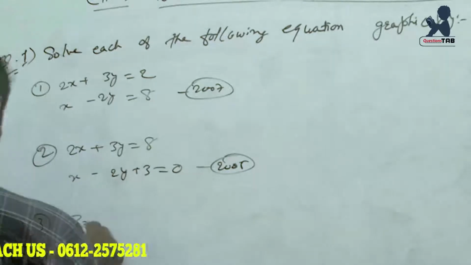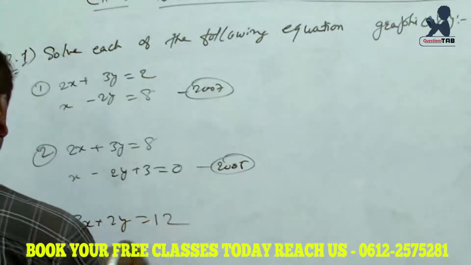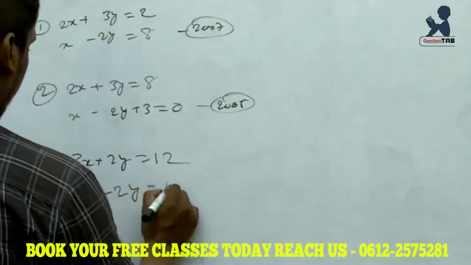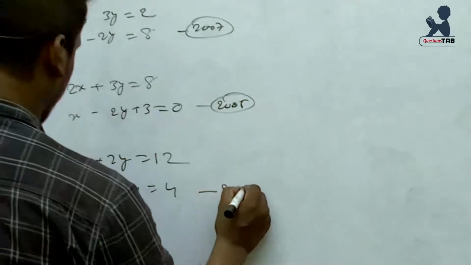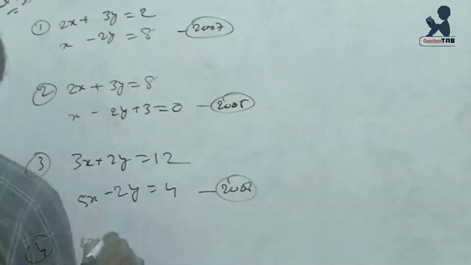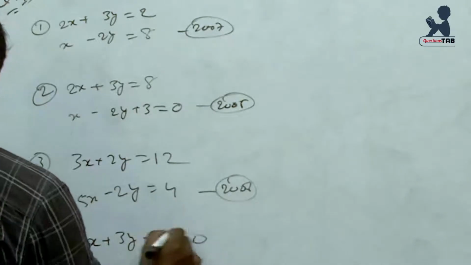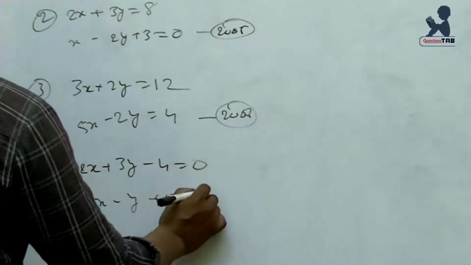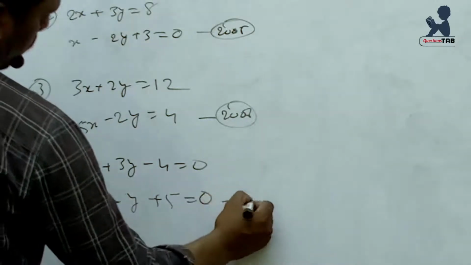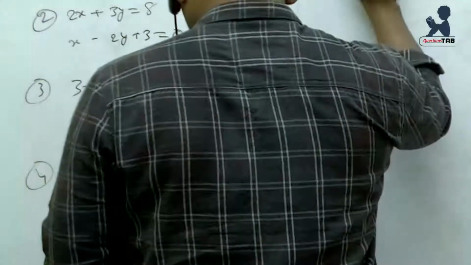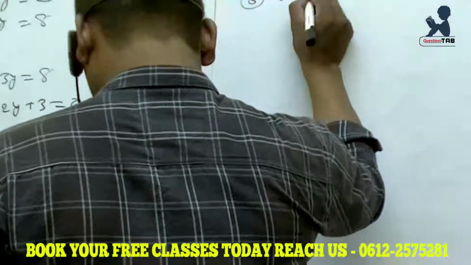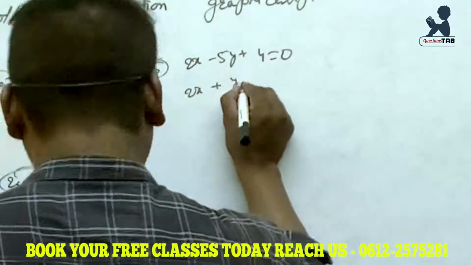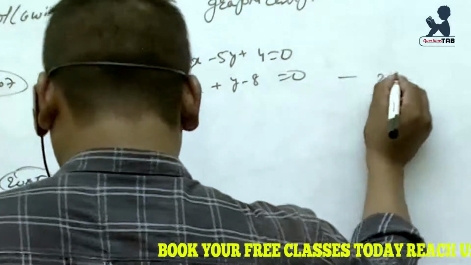Third is 3x plus 2y equals 12 and 5x minus 2y equals 4, from 2006. Fourth is 2x plus 3y minus 4 equals 0 and 3x minus y plus 5 equals 0, from 2004. Fifth is 2x minus 5y plus 4 equals 0 and 2x plus y minus 8 equals 0.